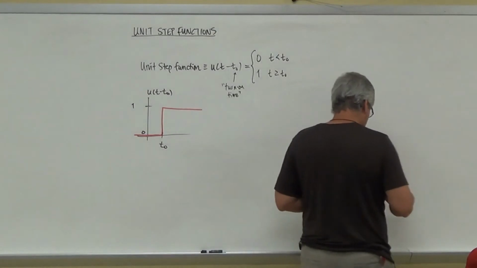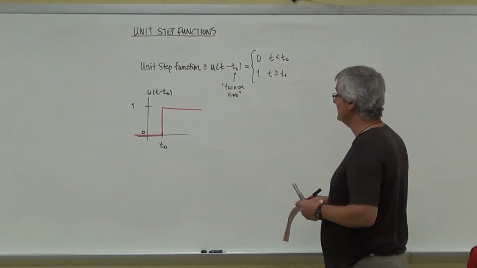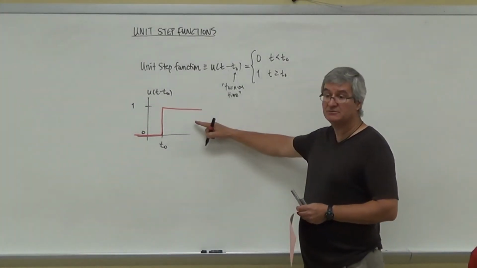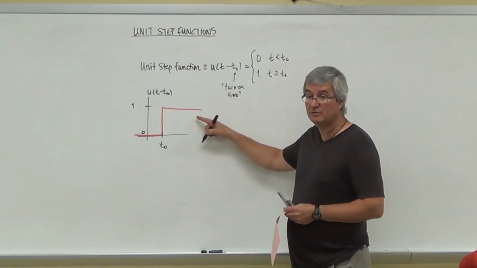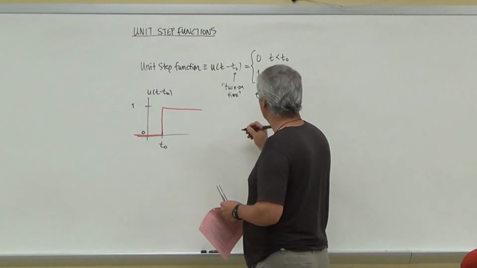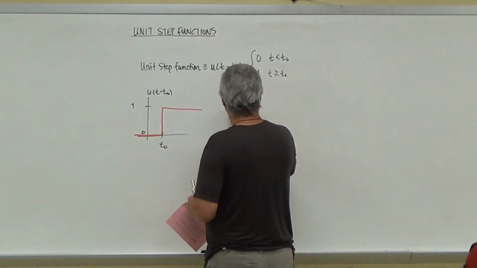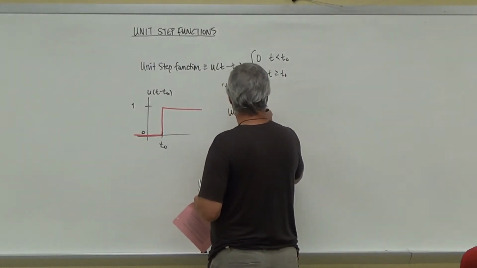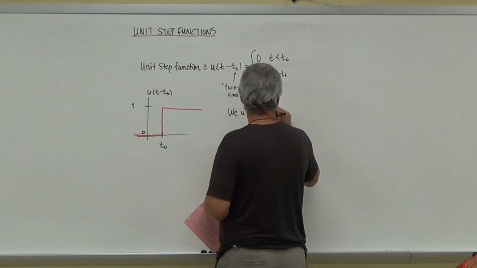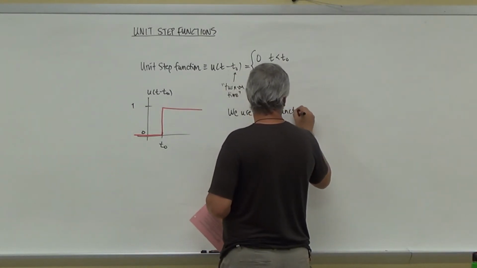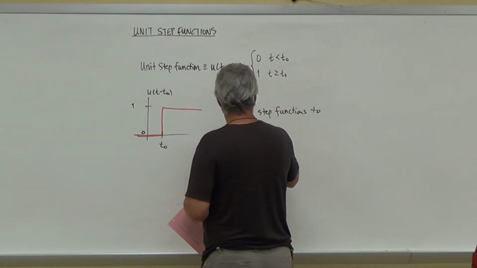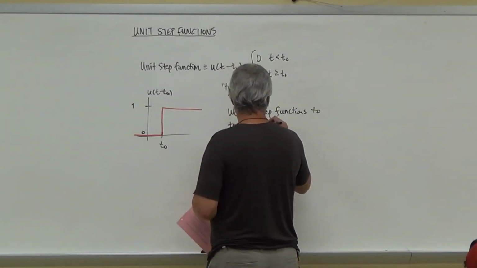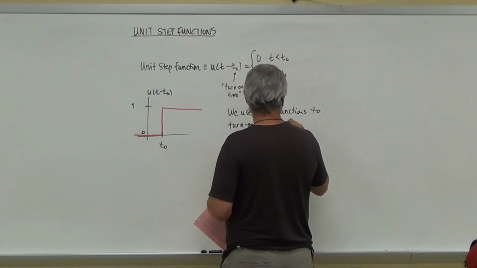The reason this is useful is that you can have sources that turn on or off. So we use step functions to turn on or off sources.